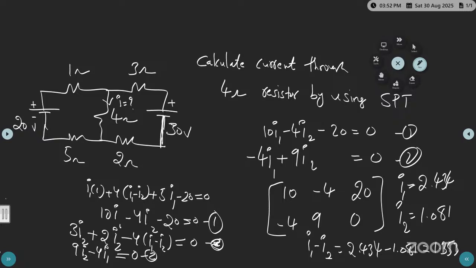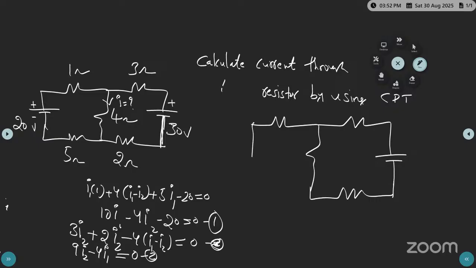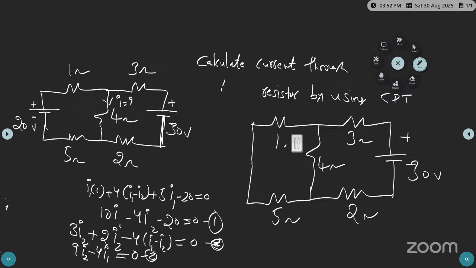Can I erase this? So what is the second step? Keeping V1 as 0, V2 is equal to 30.